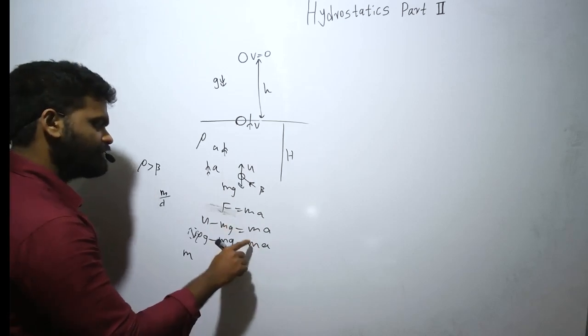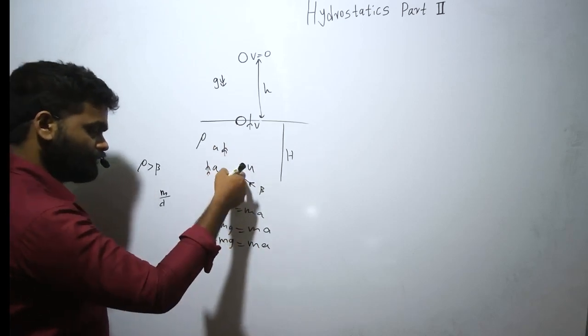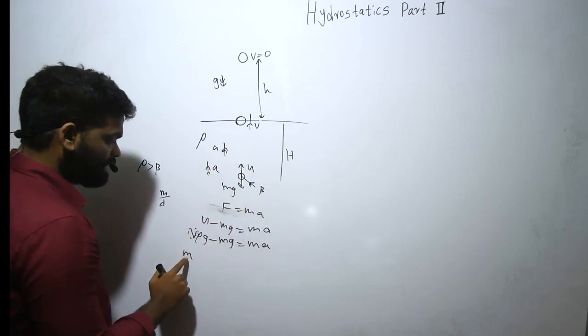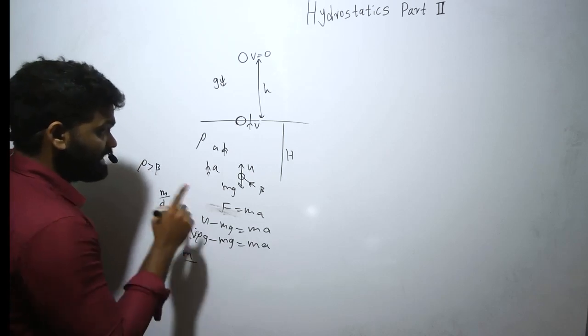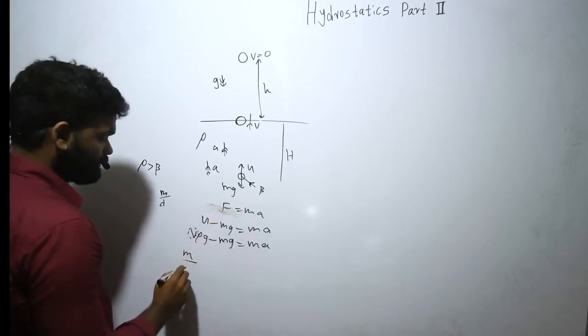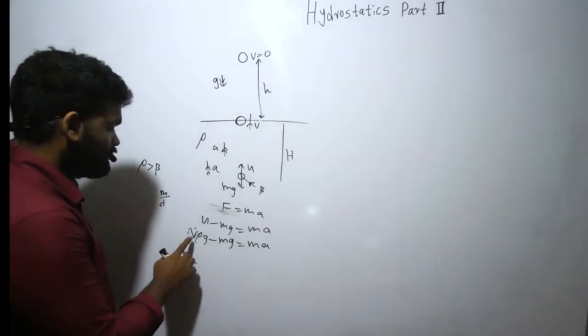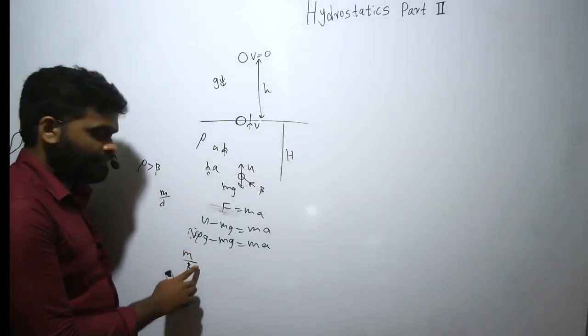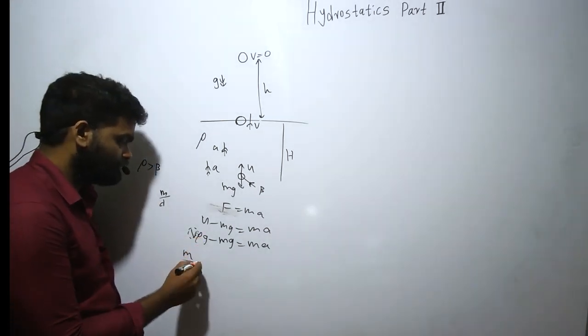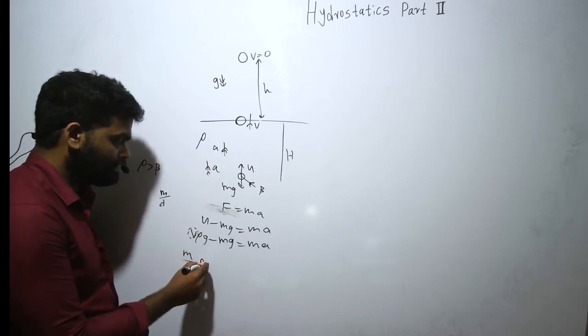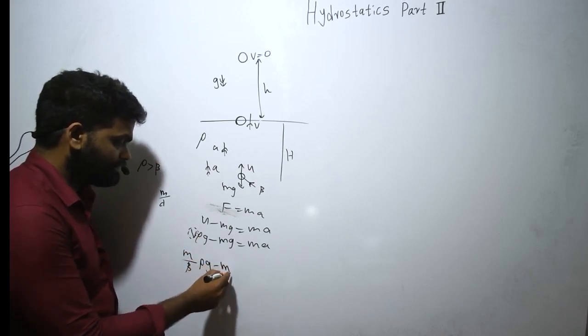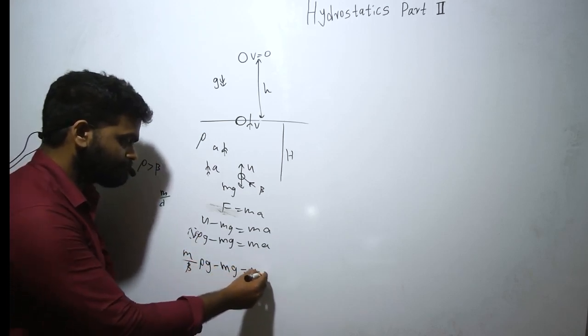I'm applying the equation to the object, right? So here mass of the object divided by density of the object. It is given as beta. Are they relative densities or just densities? Yeah, just densities, right? Okay. So mass divided by density times rho, that is the liquid, g, minus mg equals ma.